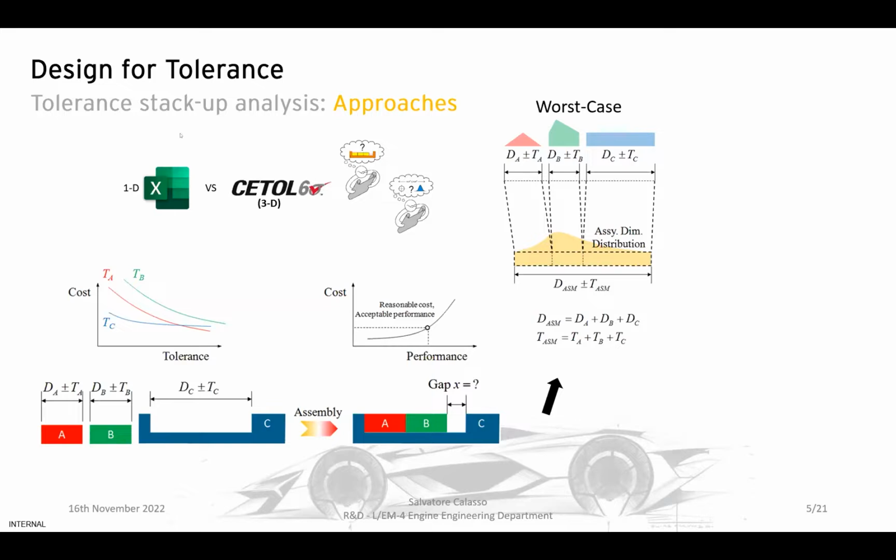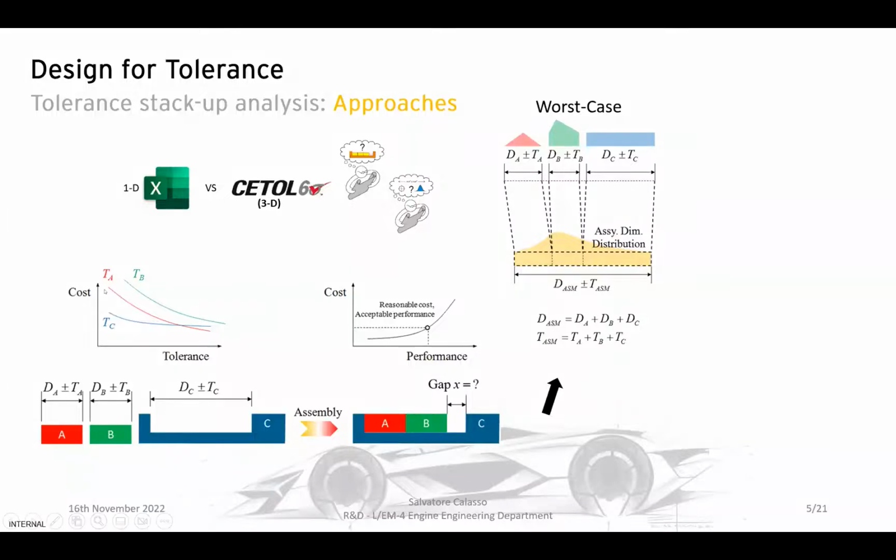But what is the goal of the tolerance analysis? When we are dealing with the assembly, sure, we have a cost related to a single part. But from the engineering point of view, we should have tolerances as tight as we can, because this approach is very safe, let me say.